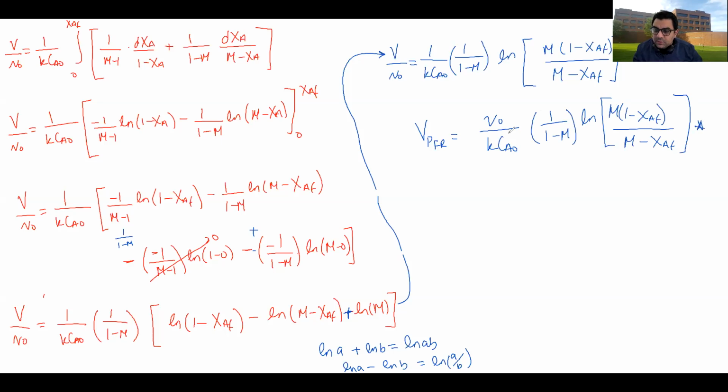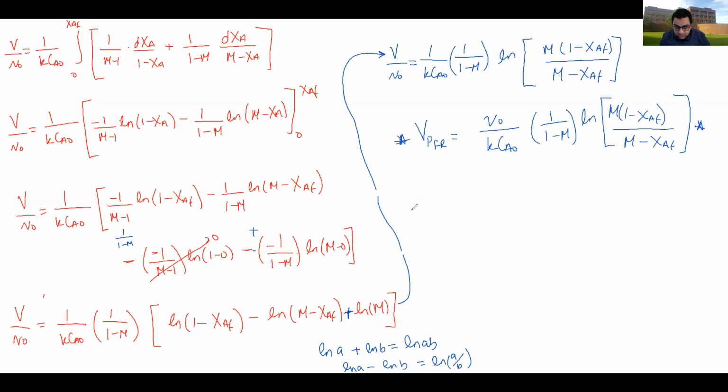So this is the equation for a PFR for a second order reaction. You can use it directly if you want on an exam. But be aware of how it's derived, because the same approach applies for other orders as well. Okay.